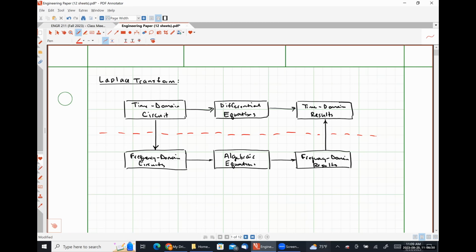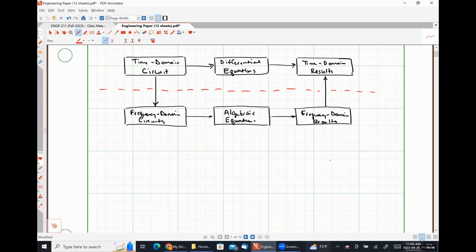Okay. So let's first define our Laplace transform. So the mathematical definition of a Laplace transform is as follows.